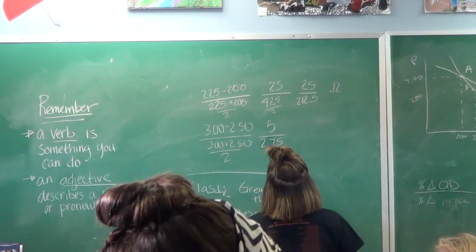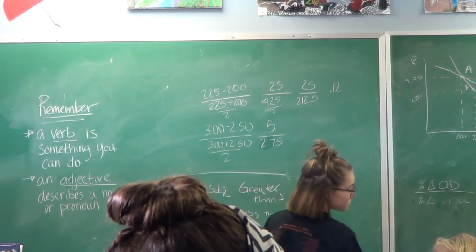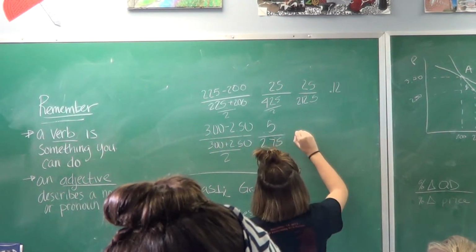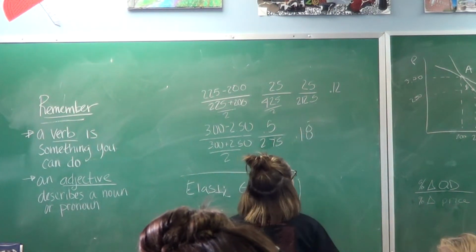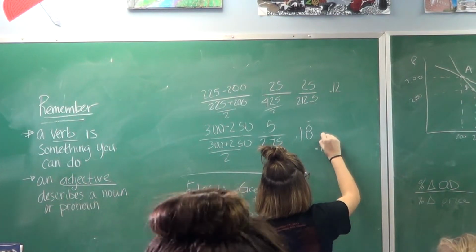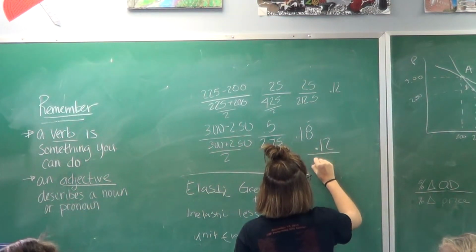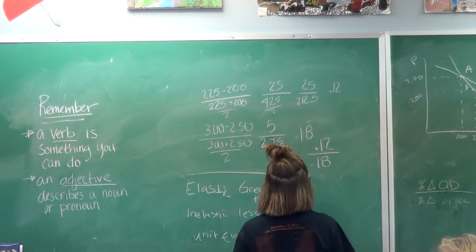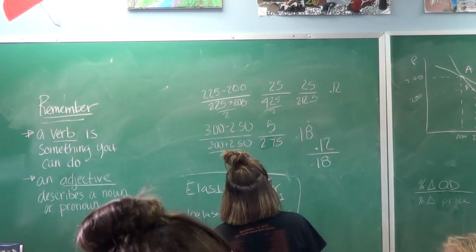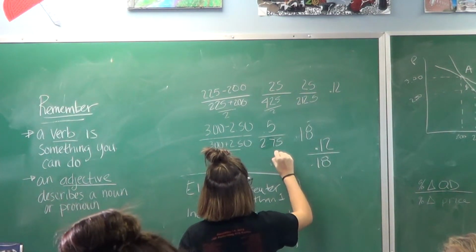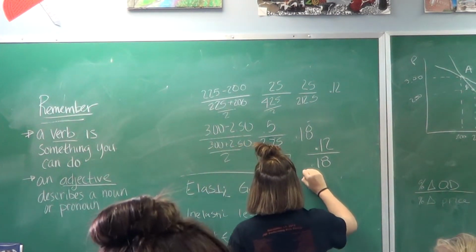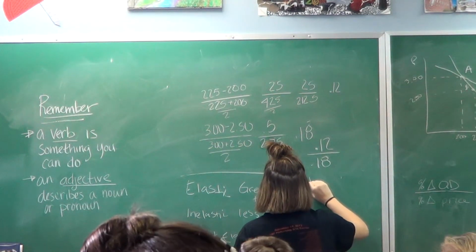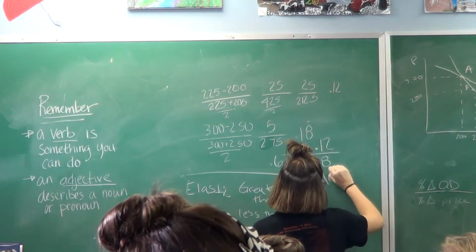So 0.5 divided by 2.75 is 0.18 repeating, so you can just write it. And then 0.12 divided by 0.18 is equal to 0.6 repeating, so just do 0.67. So is that elastic, inelastic, or unit elastic? Inelastic. Right, so it's less than 1.